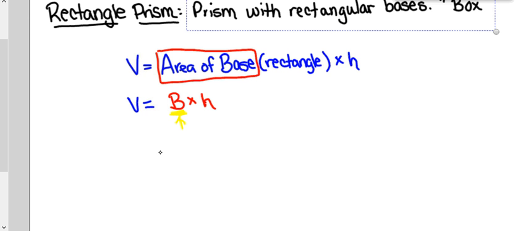And the way that we find the area of our rectangle is to multiply length times width. So the area of our base is really length times width times the height of the prism. So now you understand a little bit more about that formula, volume equals length times width times height, and where it comes from.